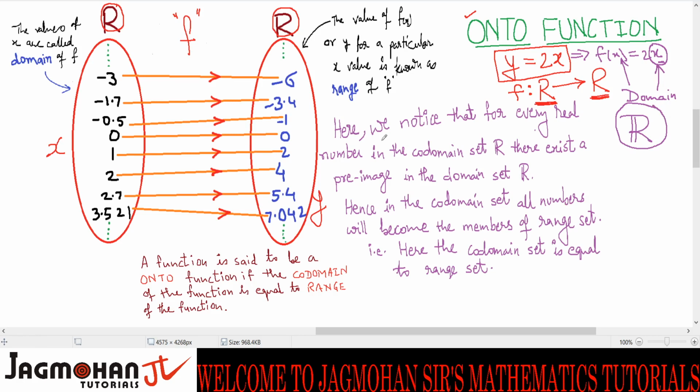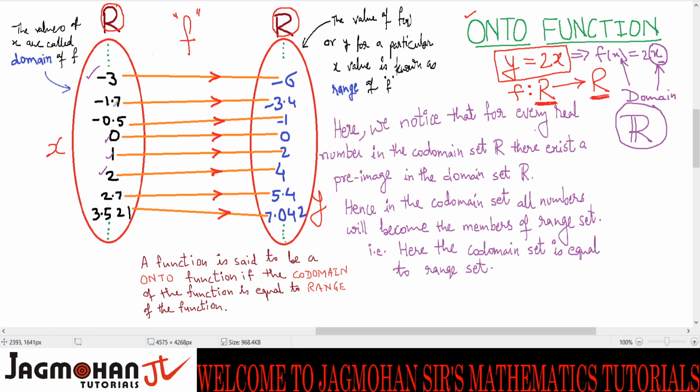Furthermore, if the domain is the set of real numbers, what will be the double of these real numbers? The double of all the real numbers will again be real numbers. May it be integers like -3, 0, 1, 2.